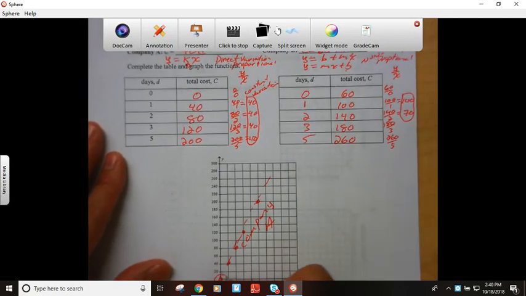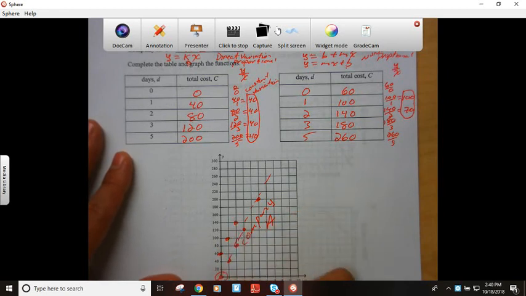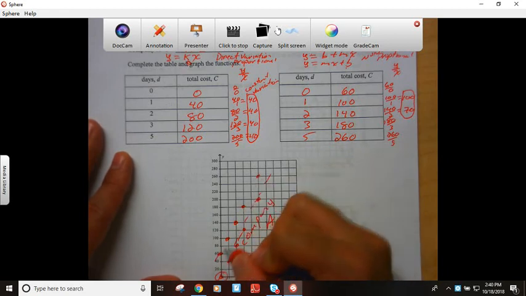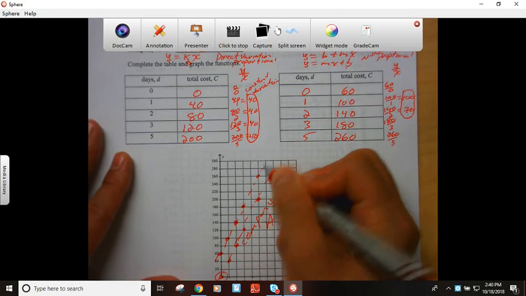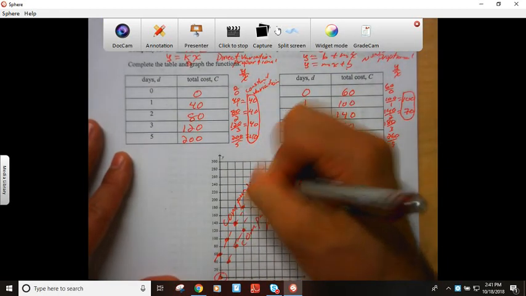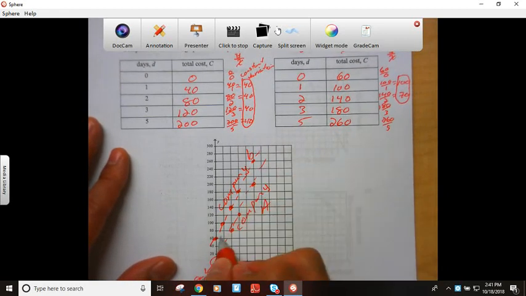All right, company B, when we graph it, it's at 0, 60. At 1, it's at 100. At 2, it's at 140. At 3, it's at 180. And at 5, it's at 260. So here's our data, and this is company B. And when we look at company B, it does not cross the origin.